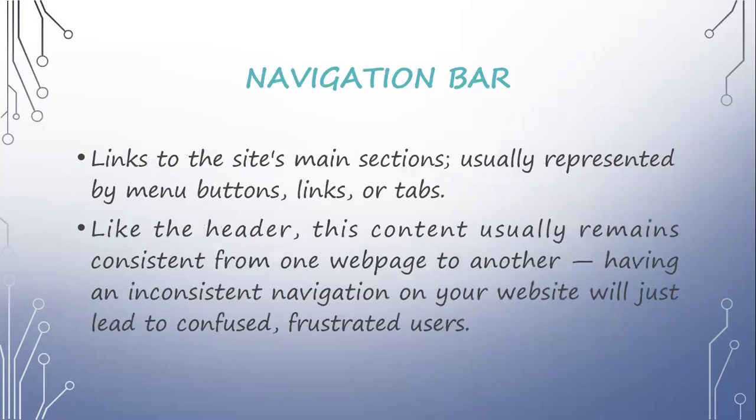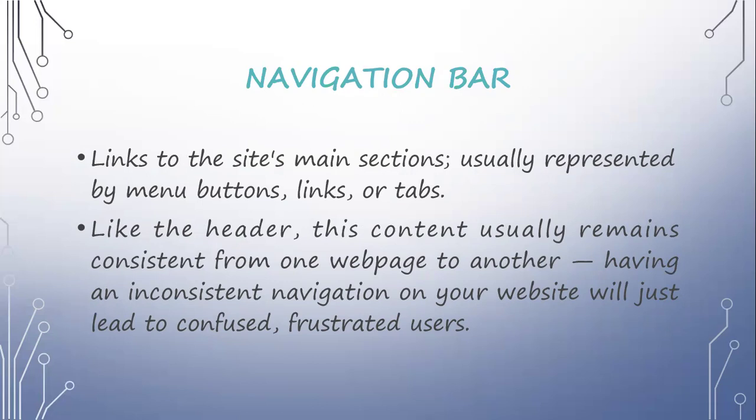Moving on, the other feature is the navigation bar. Links to the site's main sections, usually represented by menu buttons, links, or tabs. So this is the other feature, whereby the navigation bar includes all the links to the site's main sections.